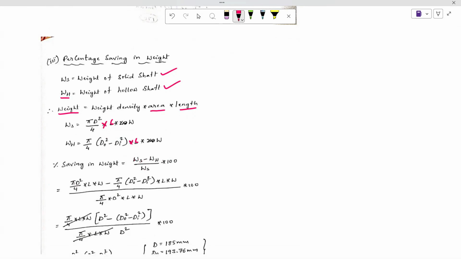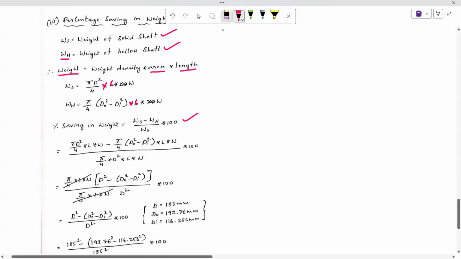Please remember, Ws is the weight of the solid shaft, Wh is the weight of the hollow shaft. From this equation, substitute the values. Ws is pi d square by 4 into L into W, and Wh is pi by 4 (d naught square minus di square) into L into W. Just substitute in this equation.